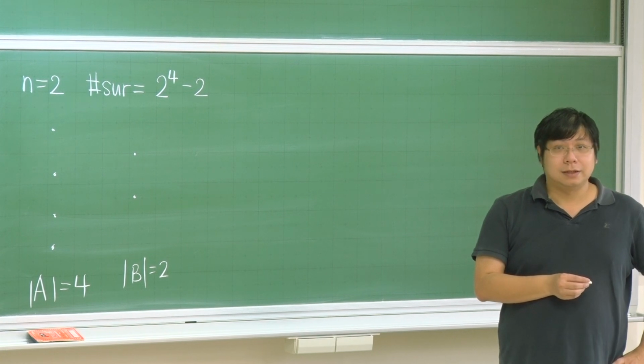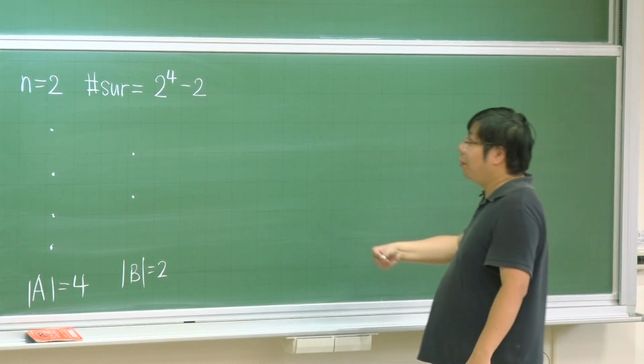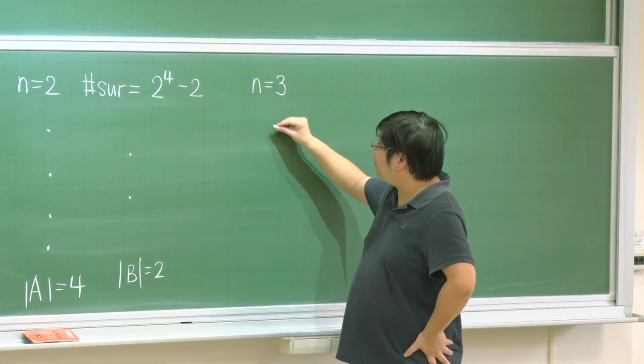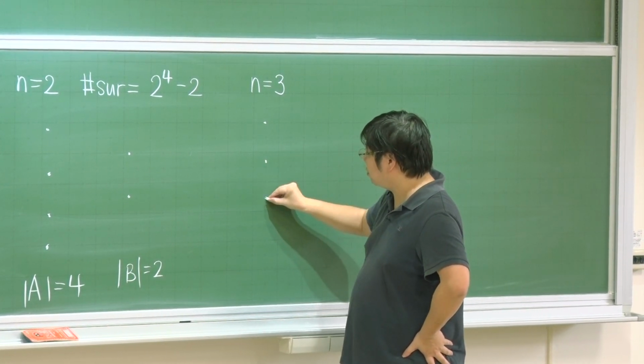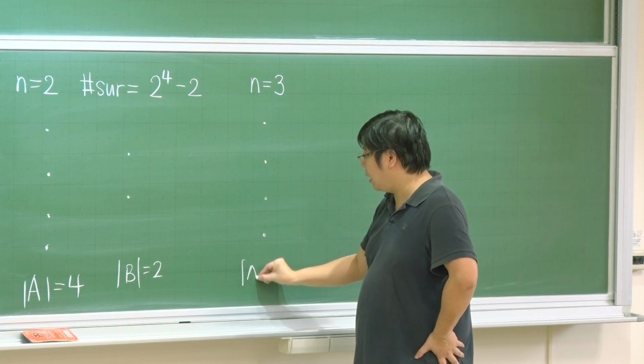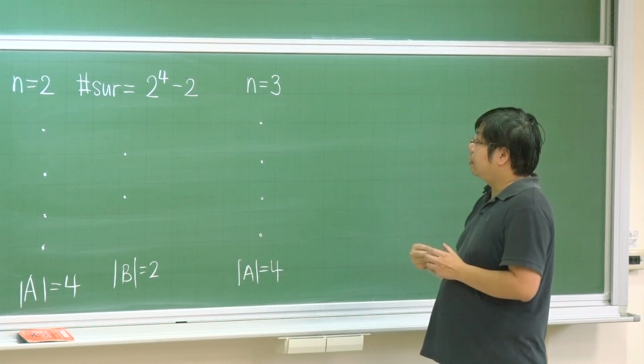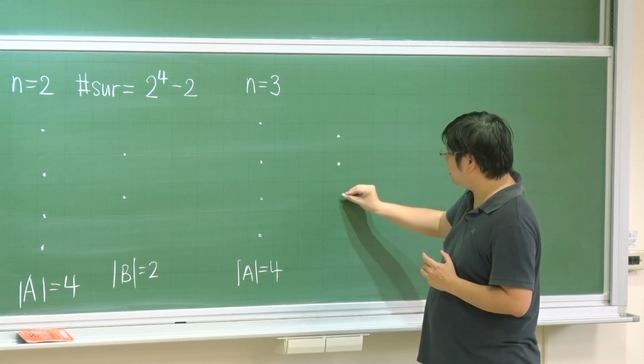Now let's get to something more complicated. When N is equal to 3, what will happen? Let's still fix the size of A to be 4, and this time the size of B becomes 3.